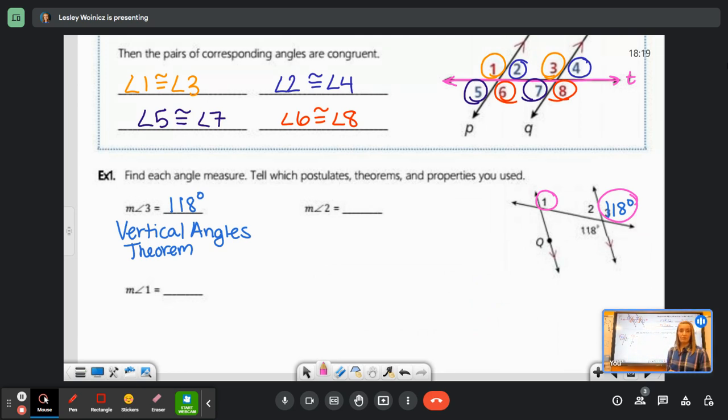Those are corresponding angles. So in order to get that, we had to use the vertical angles theorem from getting angle 3. And then we also had to use the corresponding angles postulate.